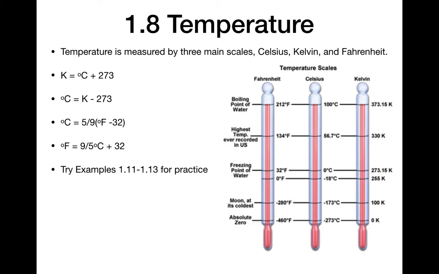And so we have this fraction, 5/9 or 9/5, that is used to convert one unit to the other. We also have to add the plus or minus 32 to the equations to account for the different 0 point. Try 1.11, 1.12, and 1.13 in the book to practice converting units of temperature, Celsius, Kelvin, and Fahrenheit.